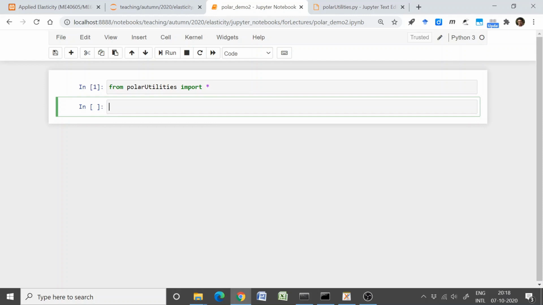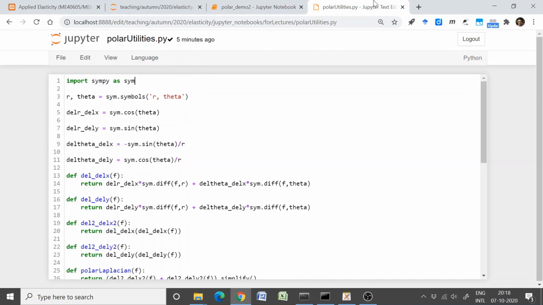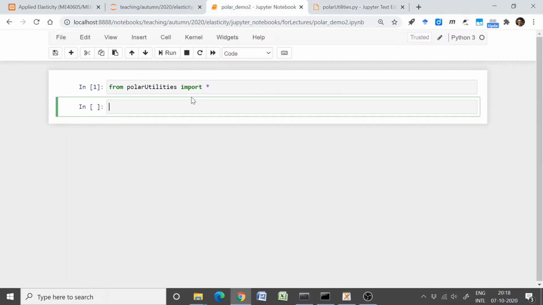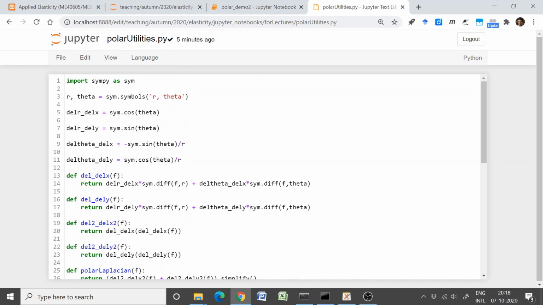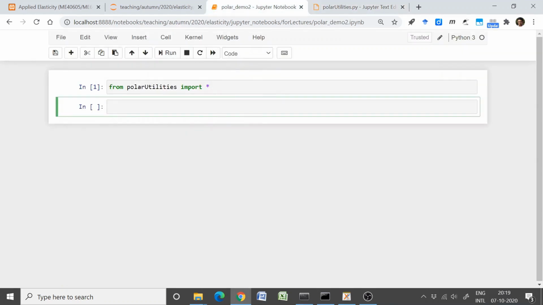Now the good thing is, even though in this Polar Demo 2 file I have not imported Symbolic Python, rather I have imported the Polar utilities, the Polar utilities file within which the import of Symbolic Python has been done, and whatever else has been defined there, is currently available here. I can check that out.